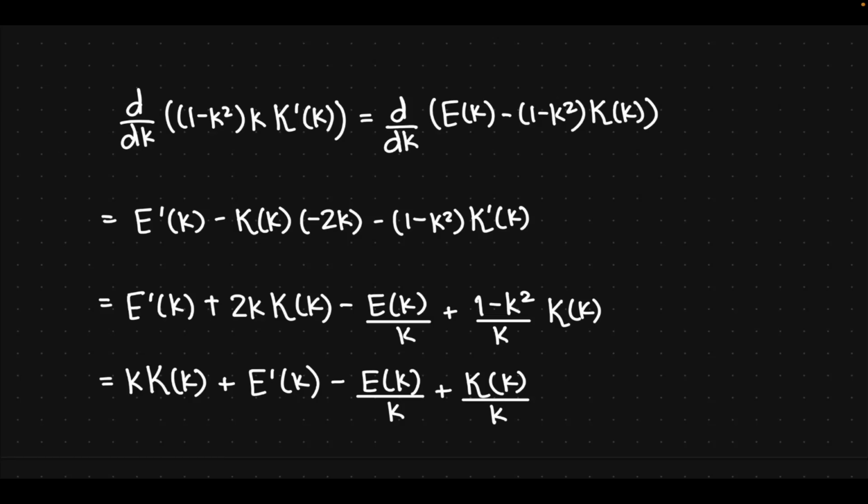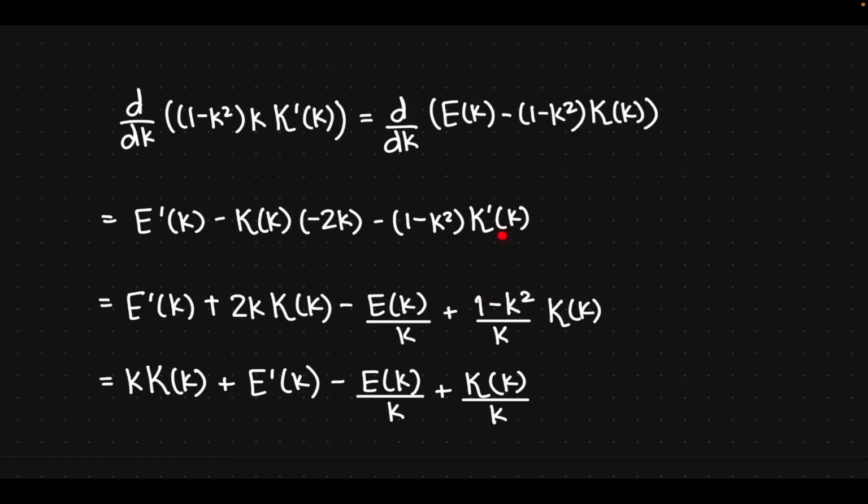So another derivative with respect to k, and we get d over dk of (1 minus k squared) times k times capital K prime of k equals d over dk of E of k minus (1 minus k squared) K of k. Just using the K prime equation that we have gives us E prime of k minus capital K of k times (1 minus 2k) minus (1 minus k squared) times capital K prime of k equals E prime of k plus 2k times capital K of k minus E of k over k plus (1 minus k squared) over k times capital K of k.